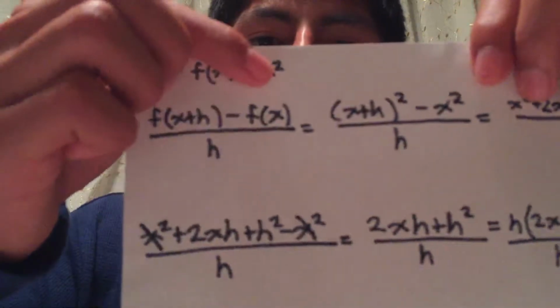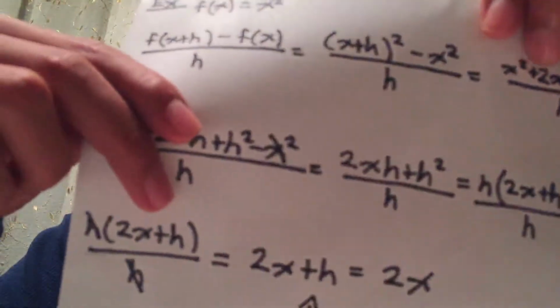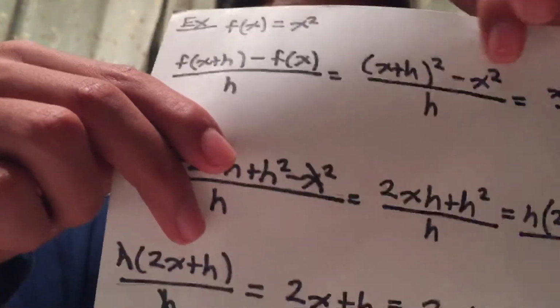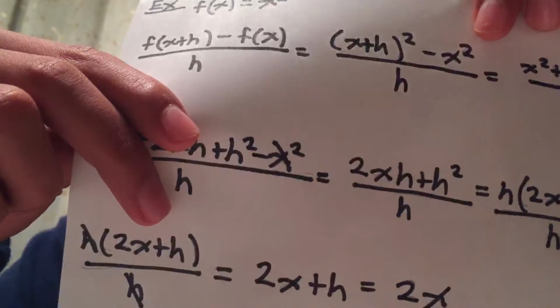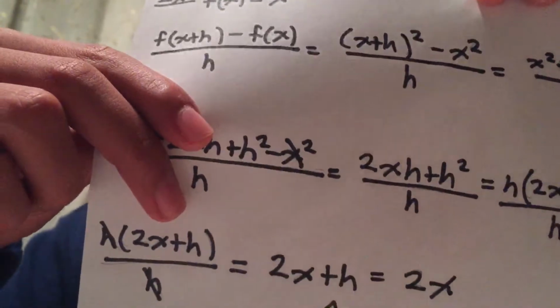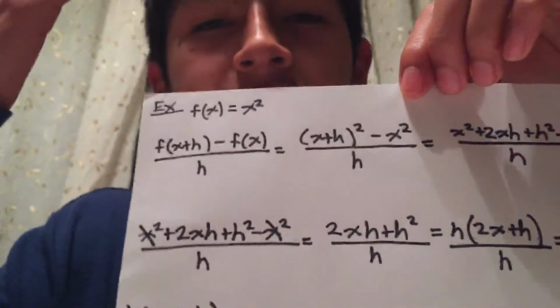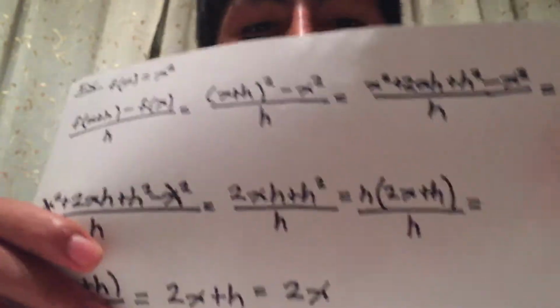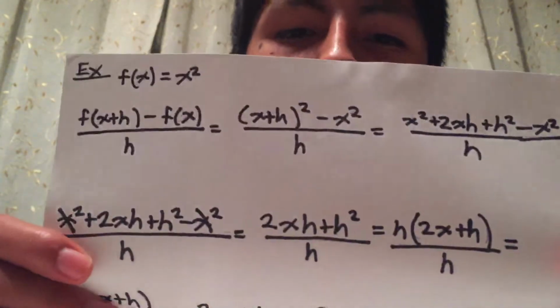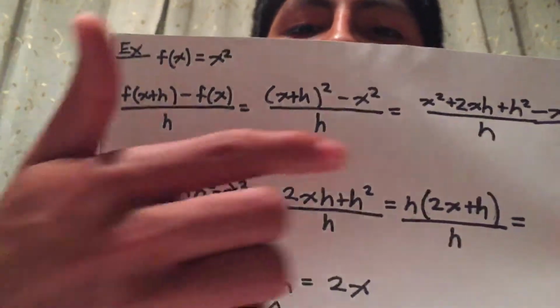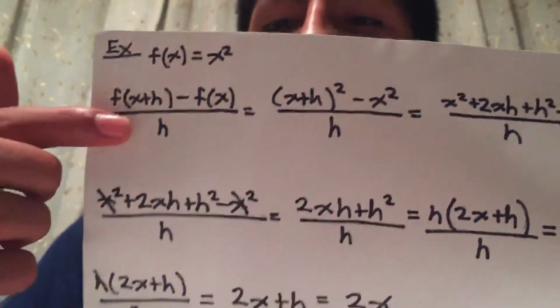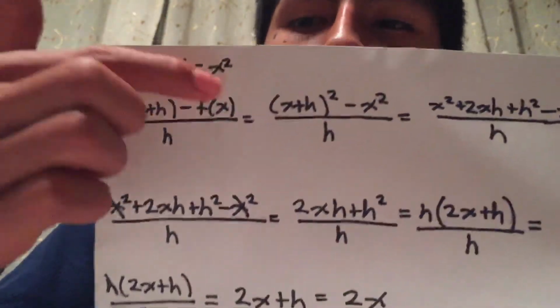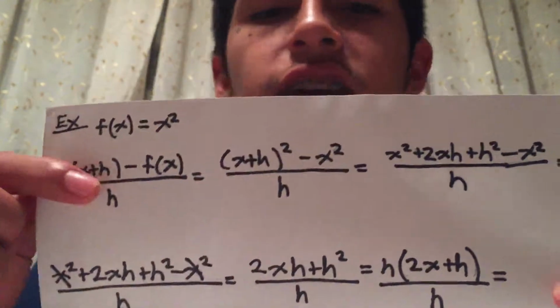Since f of x is in fact x squared, we just decided to subtract x squared. I don't like saying minus, but I don't know how to say this grammatically correct. And then we put that over h, because h never changes, because there's nothing in here that implies that h ever changed.